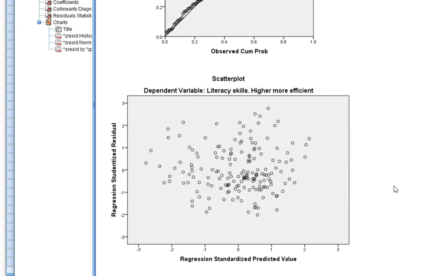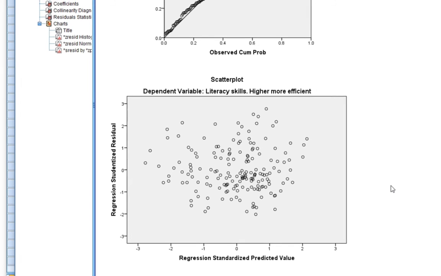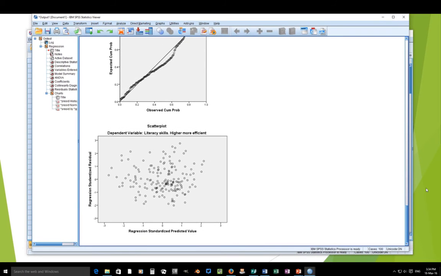The next thing I want to do is have a look at the residual plot. Now, what I expect there is just a box of dots. Okay, I don't want any patterns in that box of dots. And I'm looking at that and I'm saying it's okay. There's no particular pattern. So let me show you what I mean by patterns.